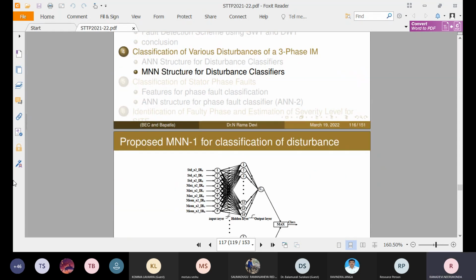So next we go with the MNN. MNN is a modular neural network. The artificial neural network of feed forward approach is used to classify the disturbances in this proposed method.